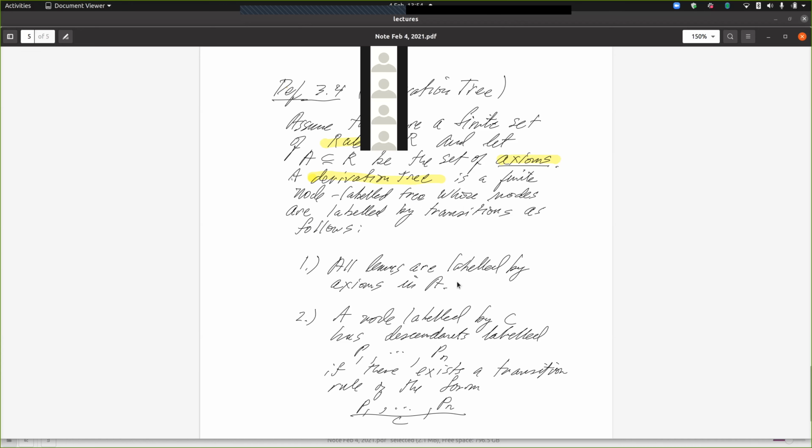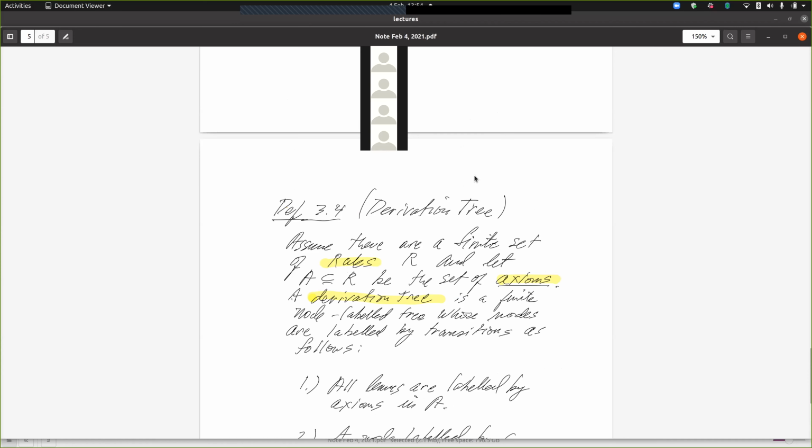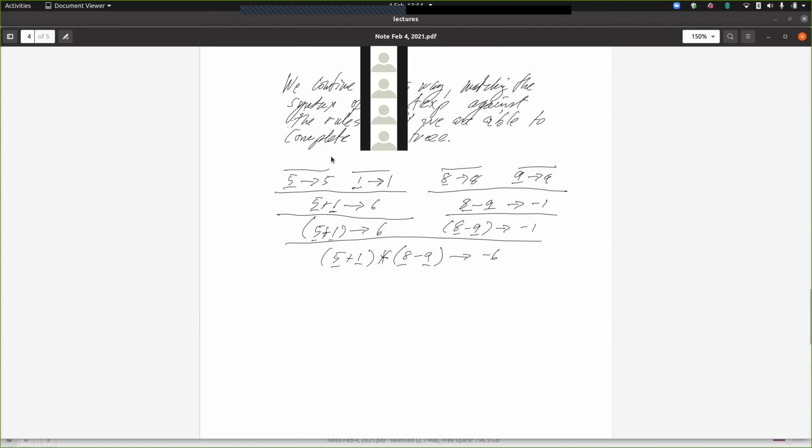I'm not sure he really wants to say labeled by transitions. It's more like the nodes are labeled by, I don't know if I agree with this wording here, but anyway, the leaves are labeled by axioms in A. And so if we go back up here and look at our tree, this is a leaf. So these trees are historically drawn in this way.